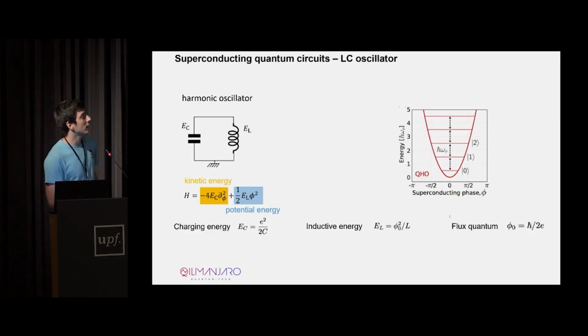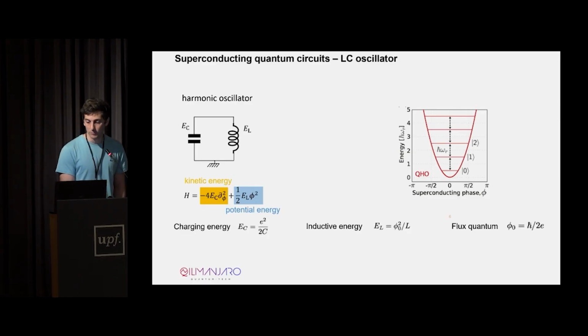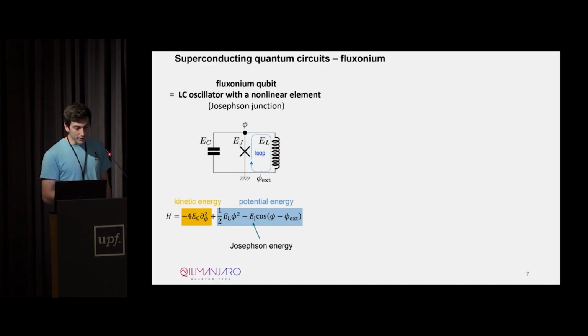If you now quantize this harmonic oscillator, you end up with this parabolic potential populated with a series of equally spaced energy levels, and the energy separation between these levels is the resonator frequency. Then a Fluxonium, we can see as an LC circuit plus a nonlinear element, provided by a Josephson junction, which is this cross in the circuit.